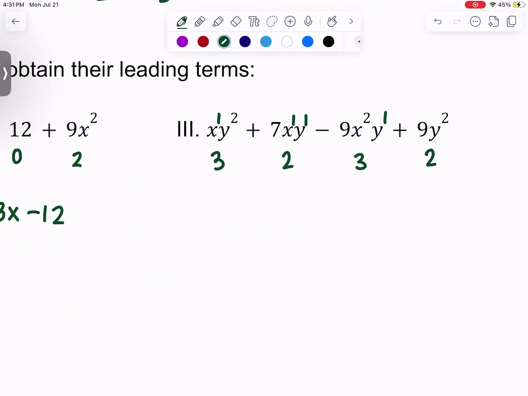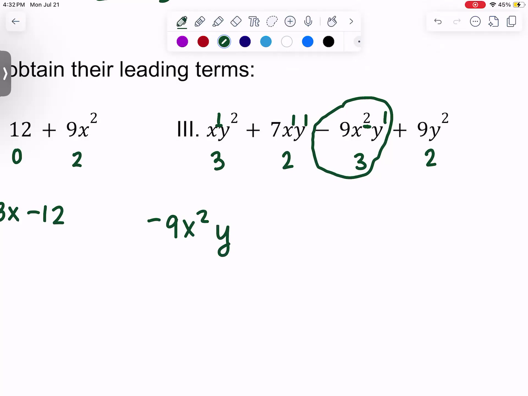So the highest degree is 3 here, but 2 terms of that degree. We follow the rules of the alphabet. This one is the leading term because x is raised to the power of 2. Here, this one's only raised to x to the power of 1. And x comes first in the alphabet. So we want to write that highest x value first.